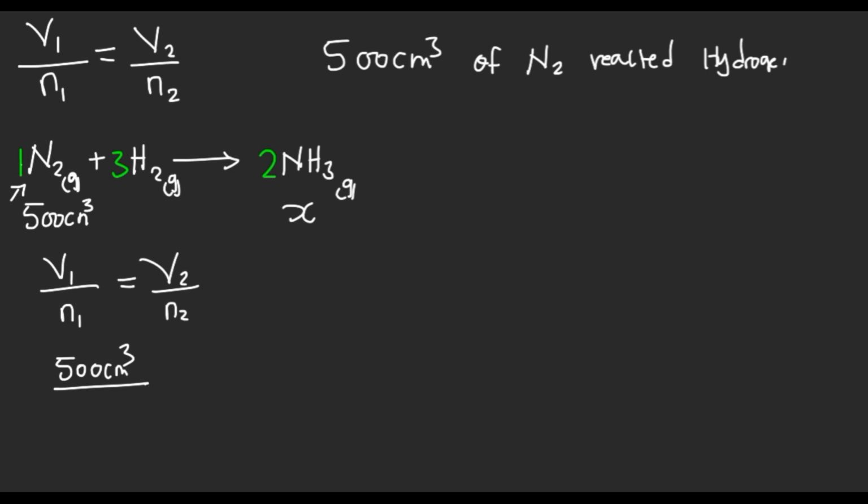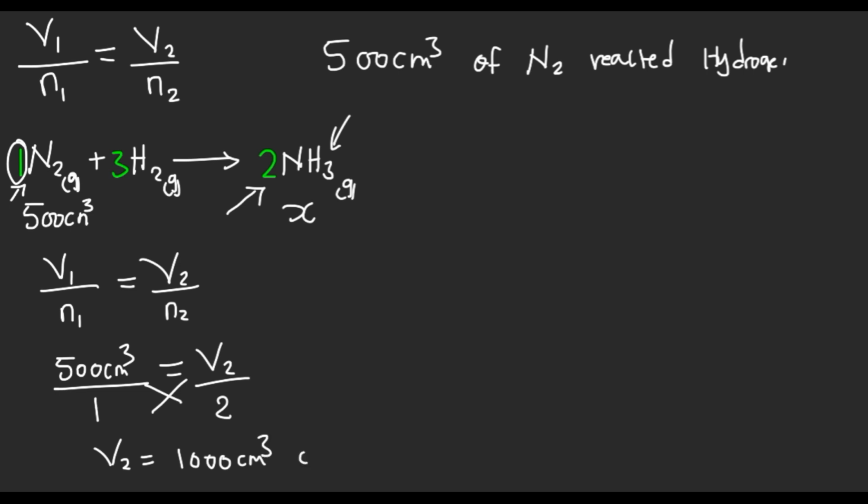The mole ratio for nitrogen is 1, so over 1 is equal to V2, the volume for the second gas, over the mole ratio for ammonia, which is 2. Then we cross multiply. 1 times V2 gives us V2, then 500 multiplied by 2 gives us 1000 cubic centimeters of ammonia produced.